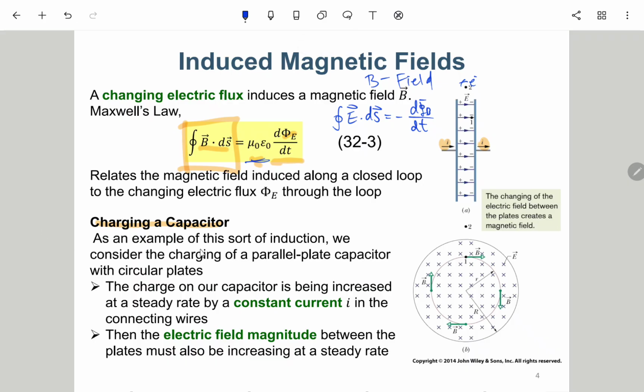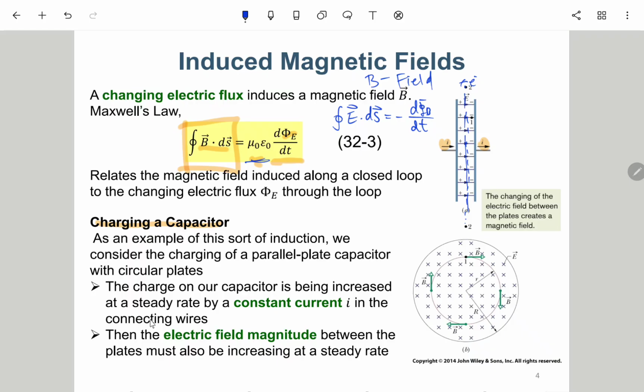So here it says, as an example of this sort of induction, we consider the charging of a parallel-plate capacitor with circular plates. Which means that if we cut it here, this is the cross section for this plane, and we assume the capacitor is a cylinder, a circular parallel plate.